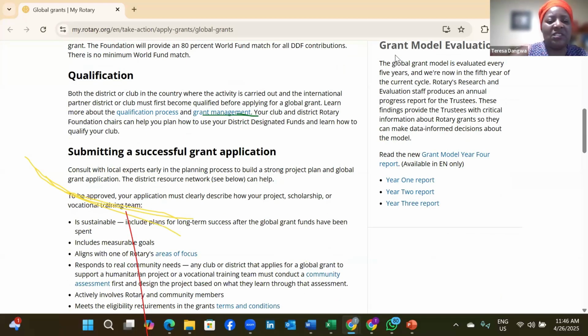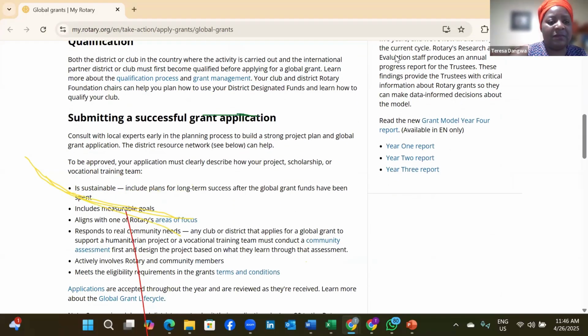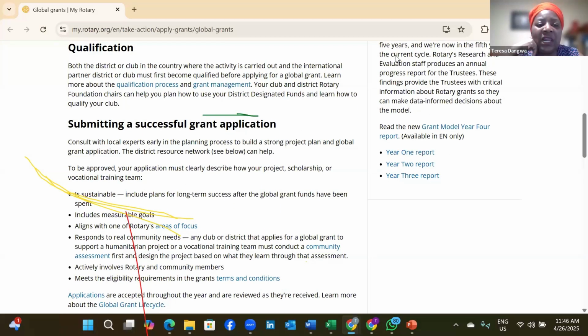So what qualifications? Both the district or club in the country where the activity is carried out and the international partner district or club must first become qualified before applying for a global grant. You must learn more about the qualification process and the grant management. Your club and district Rotary Foundation chairs can help you plan how to use your district designated funds and learn how to qualify your club.